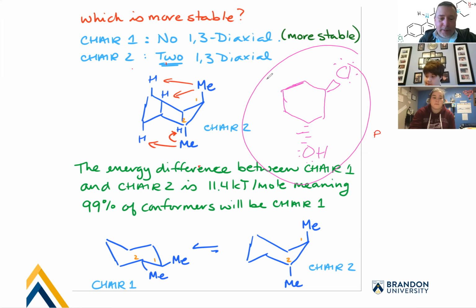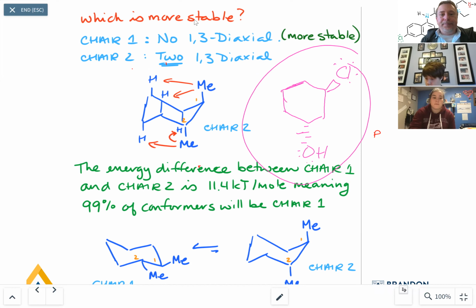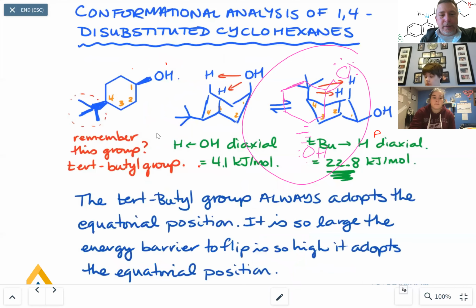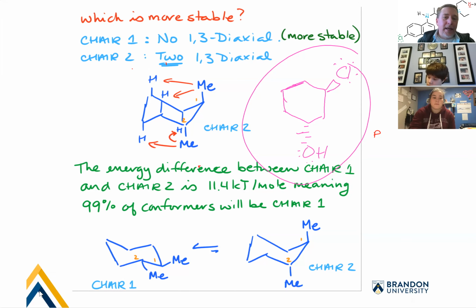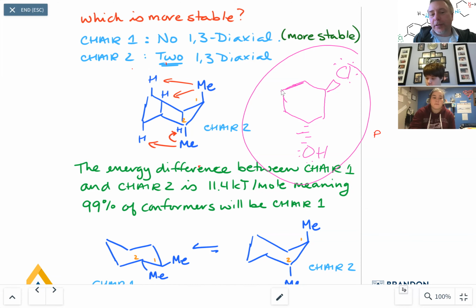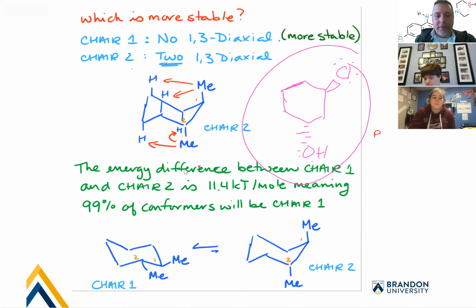So that's basically where we're going with this next class. So we need to be able to draw chairs. And that's basically why we had a little breakout session and practice drawing them. So that's what we're going to do next class, is get some practice translating two-dimensional structures into chairs and then determining which one is the most stable.